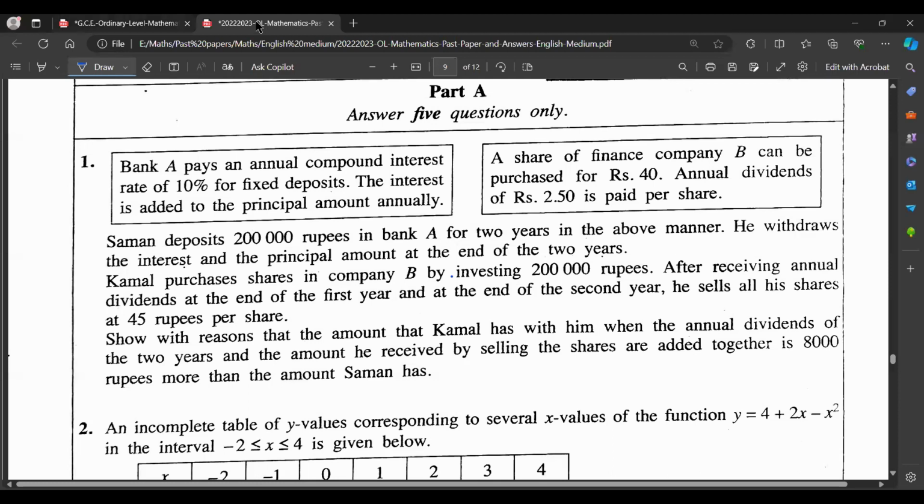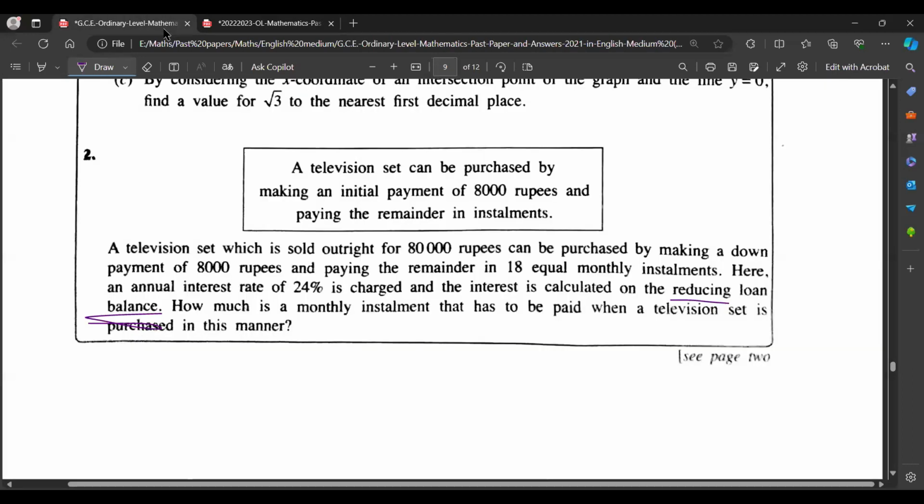So this year, I believe like this. Mostly they will ask reducing balance, it is 50-50. 50% will be asking reducing balance. The other 50%, I think they ask percentage.